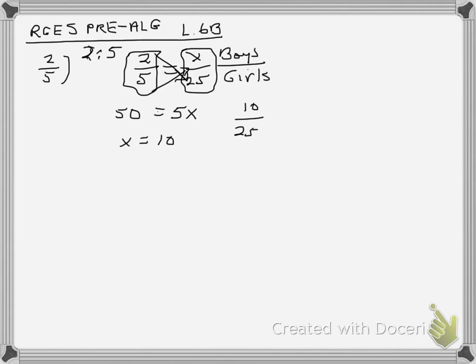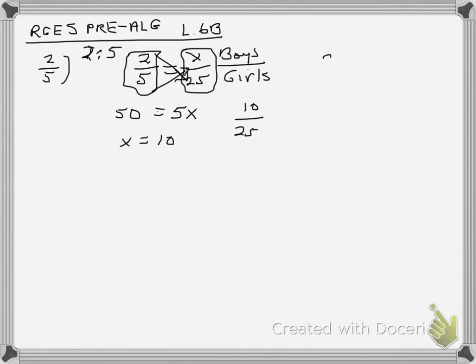Now, there's plenty of different ways we can look at this. A proportion's a powerful idea. So what we're saying is in the same proportion as 2 is to 5, that same proportion would be 10 boys for every 25 girls. Now, there's other ways we could also consider it.